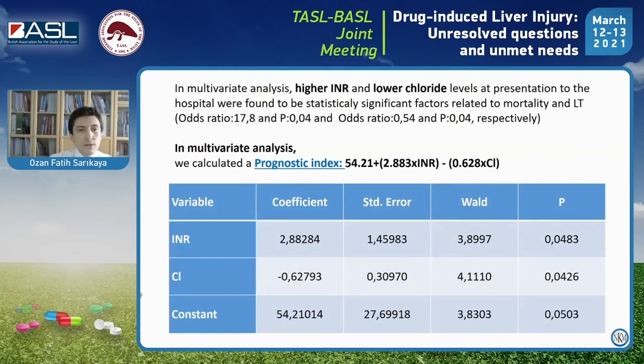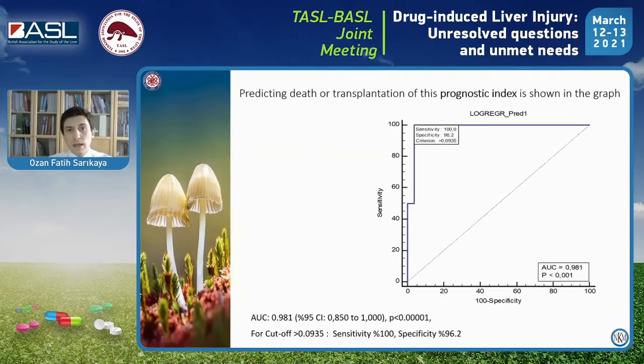We calculated a prognostic index in multivariate analysis. Higher INR and lower chloride levels at presentation to the hospital were found to be statistically significant factors related to mortality and liver transplantation. So the predicting death or transplantation of this prognostic index is shown here on the graph.